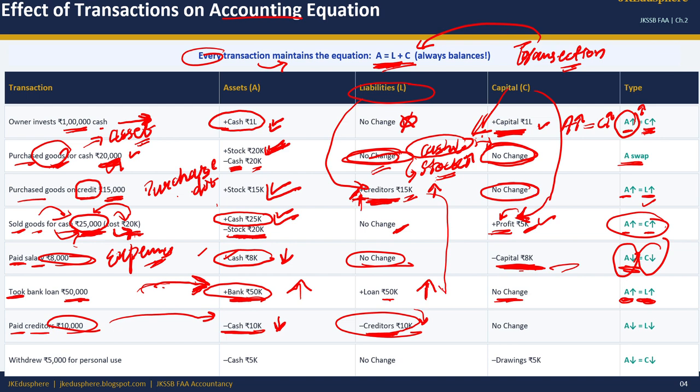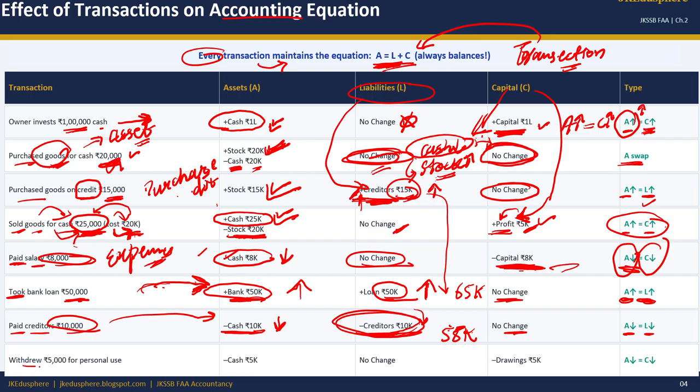The total liability that we have till now is 65,000, that is 50,000 loan and 15,000 creditor balance, all right. And then 10,000 we have paid. We will be left with 55,000 of liability, all right. So over here there'll be no change in capital, and the asset will decrease and liability will decrease.